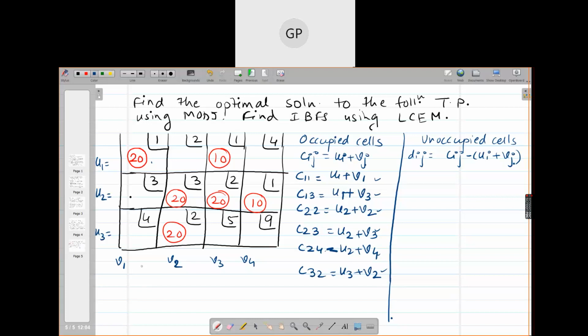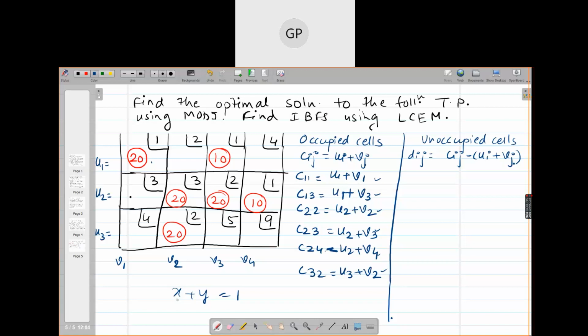See, when number of variables is more than number of equations, if I write x plus y is equal to 1, how many equations are there? 1. And how many variables? 2. Number of variables is greater than number of equations, right? So you have to set one of the values equal to something.